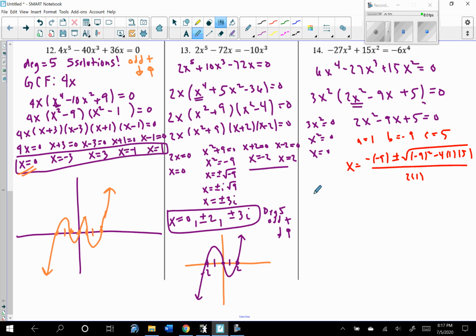So x equals, this becomes 9 plus or minus the square root of 81 minus 4 times 1 times 5, so minus 20, all over 2 times 1, which is 2. So we get 9 plus or minus the square root of 61.